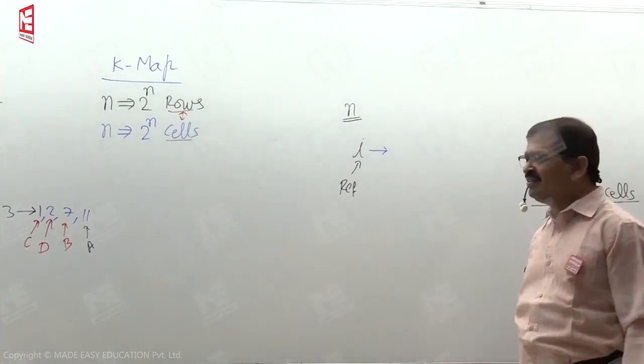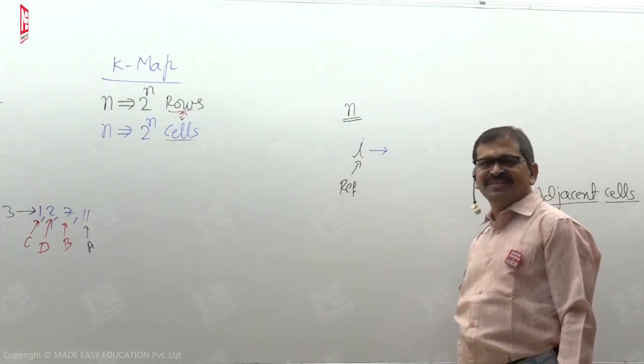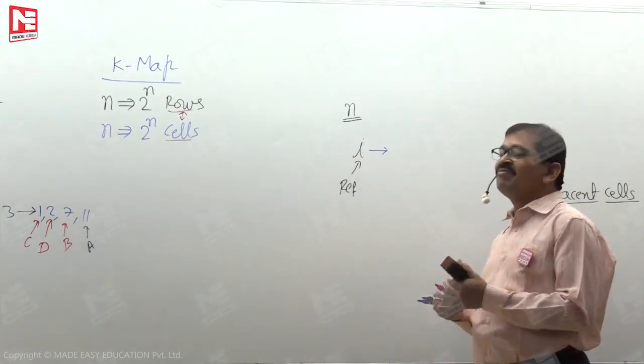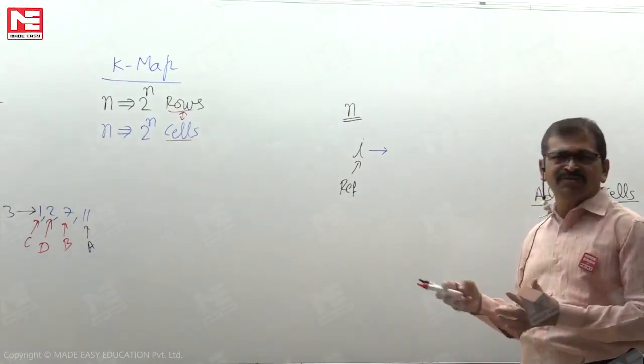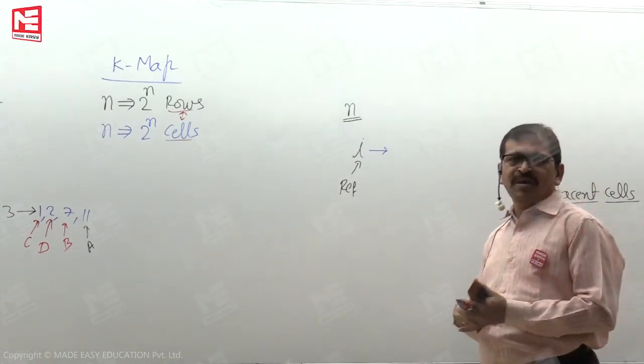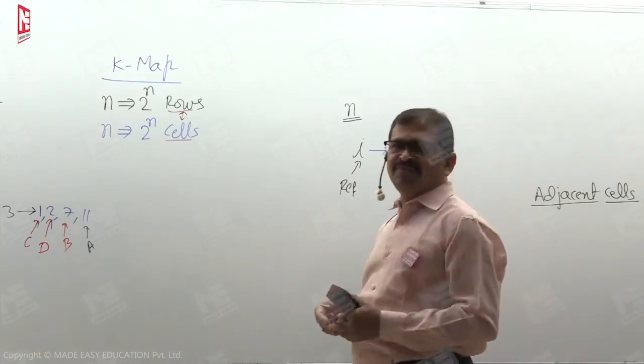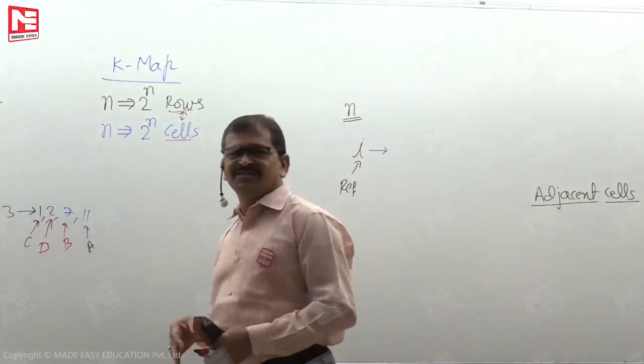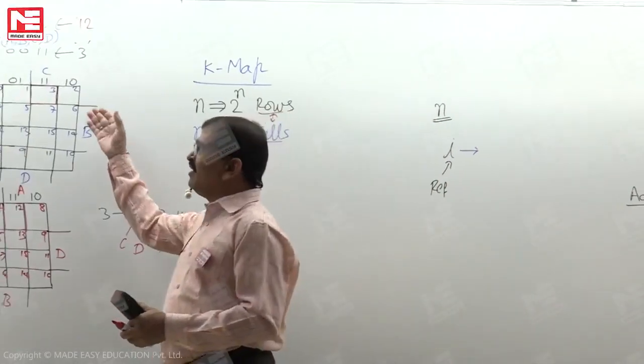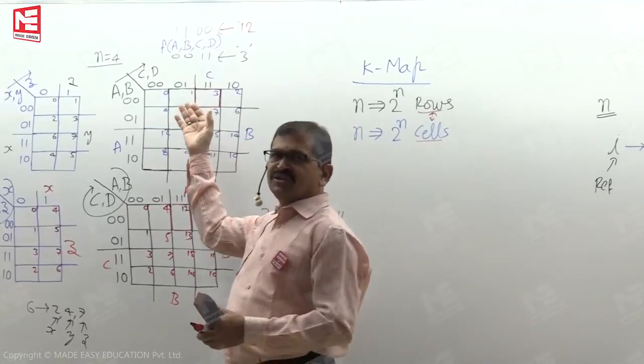Definitely your answer is n cells. So it is the work we have with 2, 3, 4 variables. In the 2 variable K-map, for every cell exactly 2 cells are adjacent cells. In the 3 variable K-map, for every cell exactly 3 cells are adjacent cells. In the 4 variable K-map, for every cell we have 4 adjacent cells.